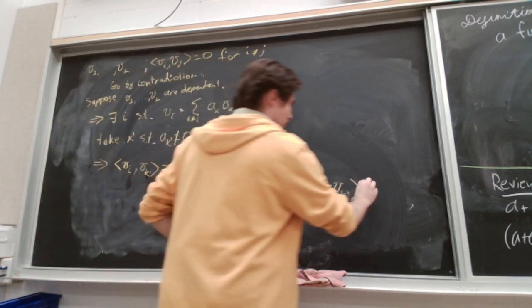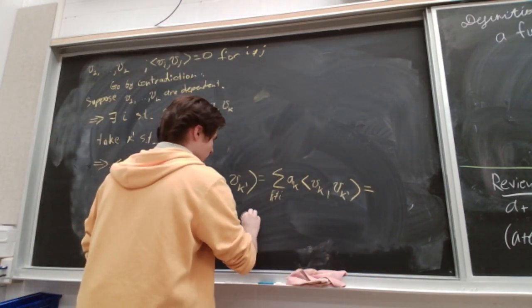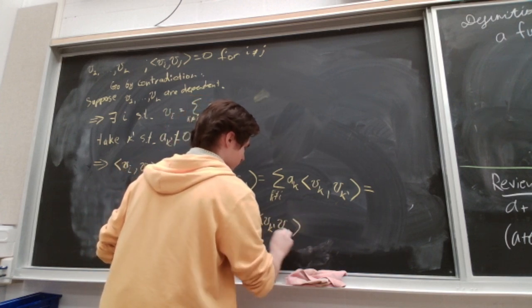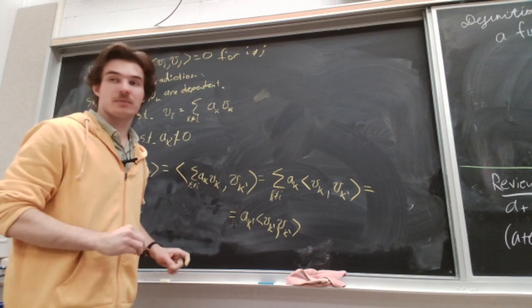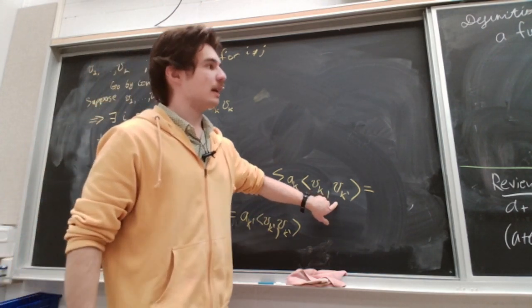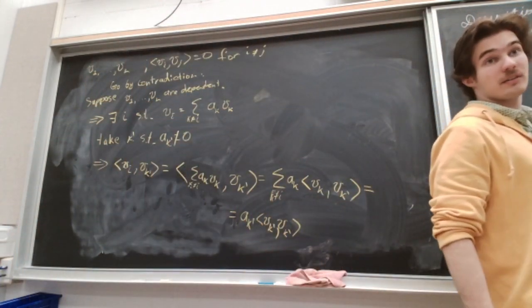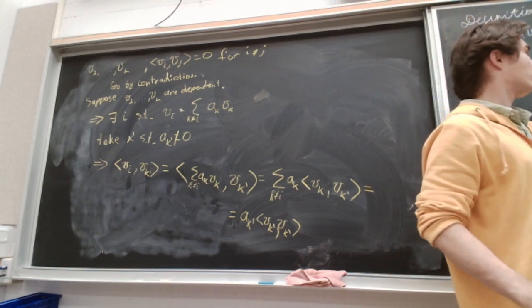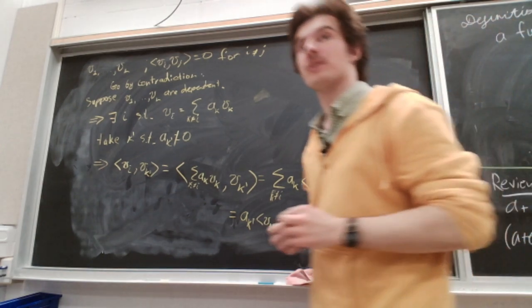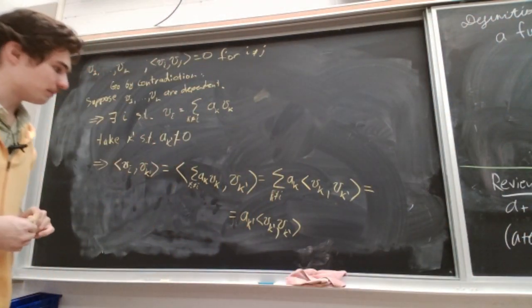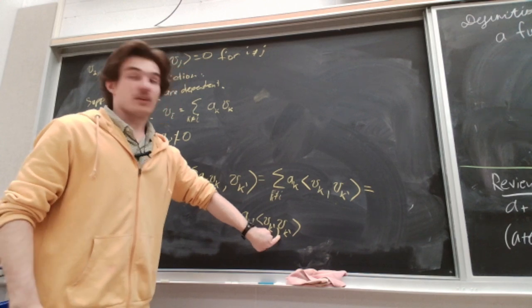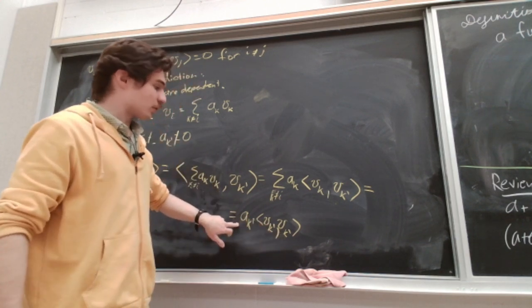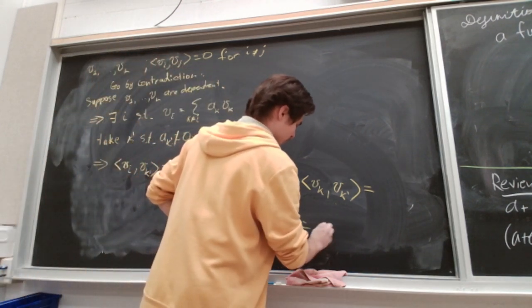So I'm left with only one term, which is a_k prime times the inner product of v_k prime with v_k prime, because the only thing left non-zero is that one. And v_k prime inner product v_k prime is always non-zero as long as v_k prime is not zero, by the definition of an inner product and by assumption.